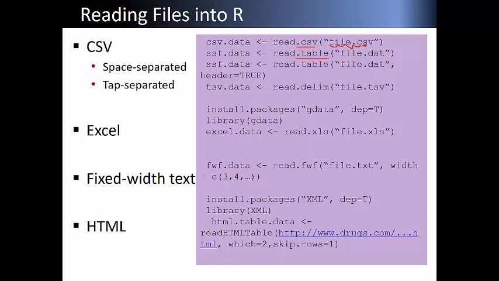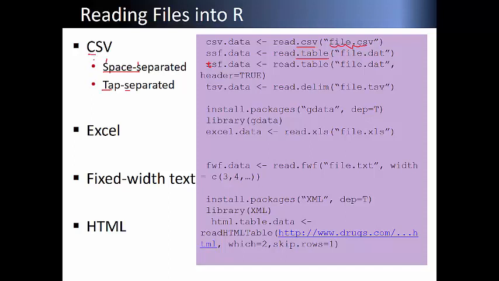Other than that, read.table handles the space separated format. SSF, this should be T, TSF. There's some TSF, SSF data. Tab separated values, or space separated values. This is SSV, and this is TSV, or CSV.